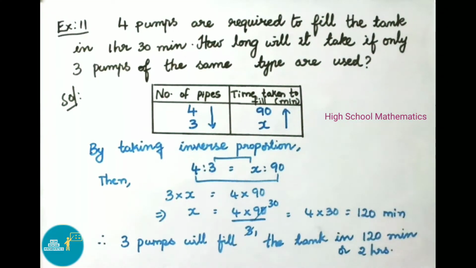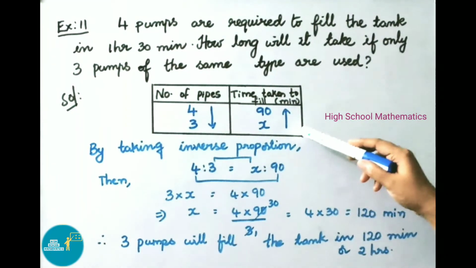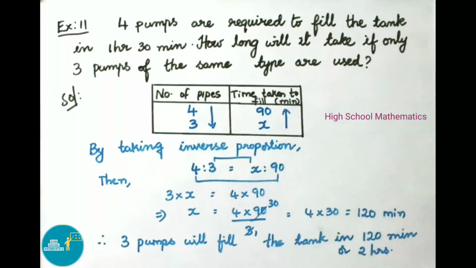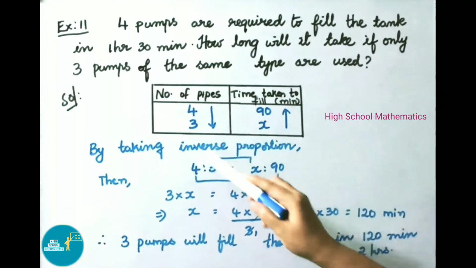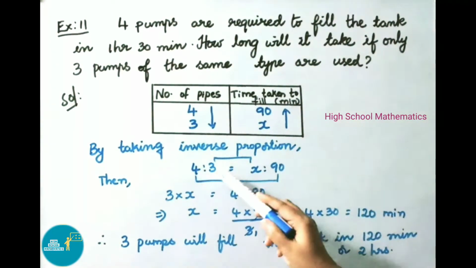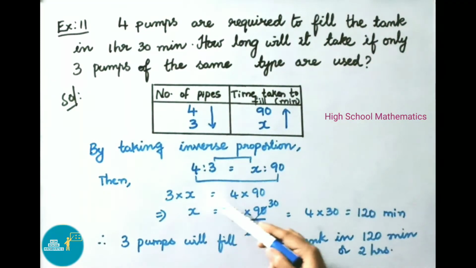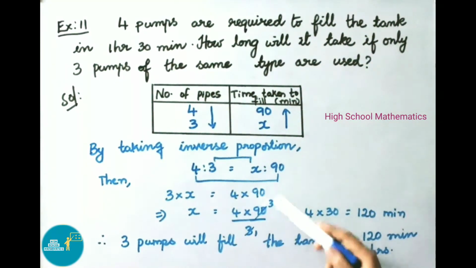If we observe here, the number of pipes decreases, then the time taken to fill the tank will increase. So by taking inverse proportion, 4 is to 3 equals x is to 90. We know product of means is equal to product of extremes. That is 3 into x is equal to 4 into 90.